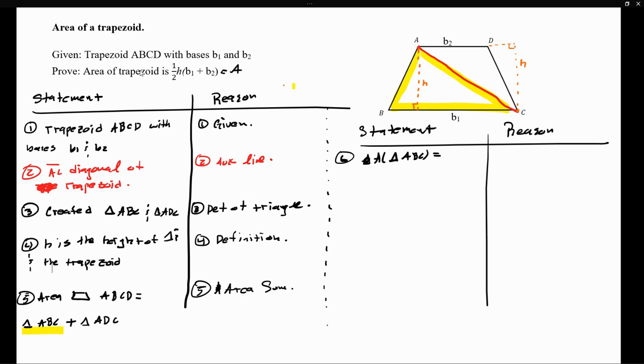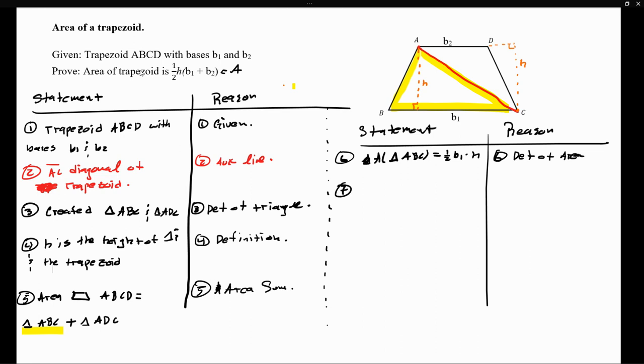Notice that the area of triangle ABC is 1/2 times the base, which for this yellow triangle is B1, times the height, where the height is the value of h. This is the definition of the area of the triangle.